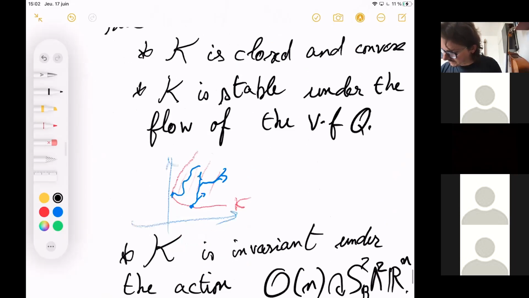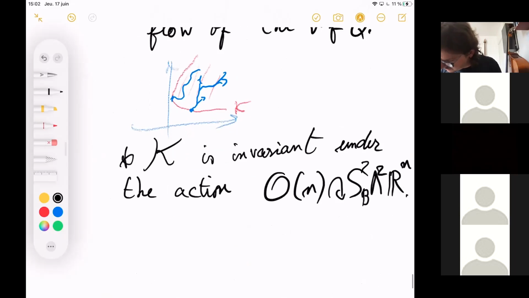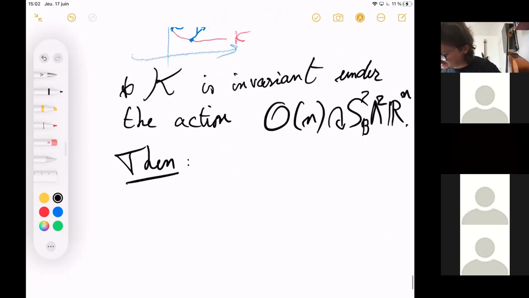So yeah, I said I was stating a theorem, so now I need to state it. Enough hypotheses.